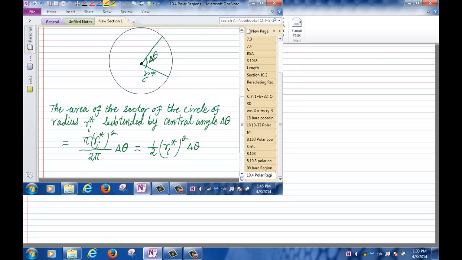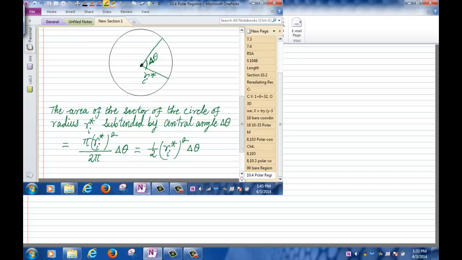Now here I'm assuming that we are using radian measure, okay? Always take the measure of angles in radians. Everybody's okay with that? For this formula to work, theta has to be in radians. Any questions on this fact?